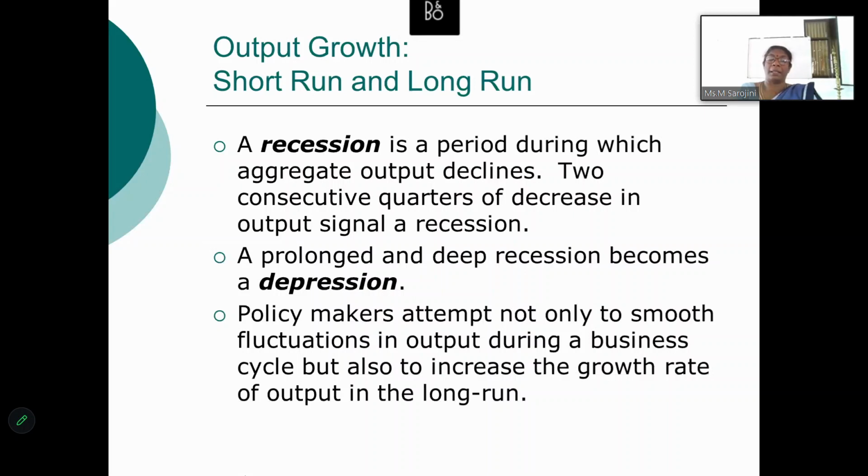That means the output growth goes down further; the size of the decline is higher than in a recession. The policymakers attempt not only to smooth fluctuation in output during the business cycle, but also to increase the growth rate of output in the long run.